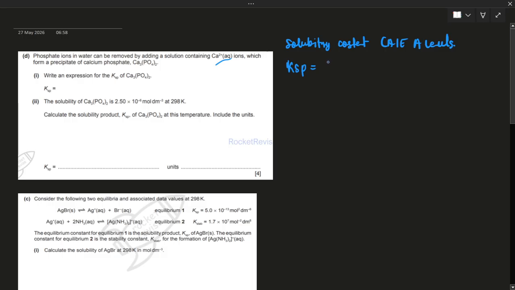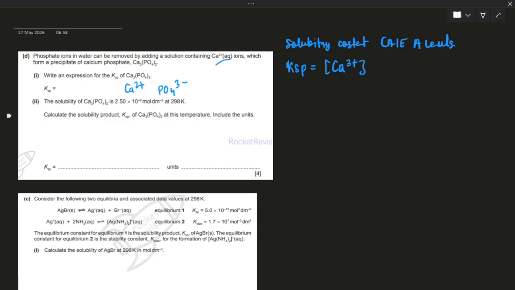Whatever ions they form, that's going to be the expression. For example, here we have calcium 2+ ions and phosphate 3- ions, so we use these two ions to form an expression.